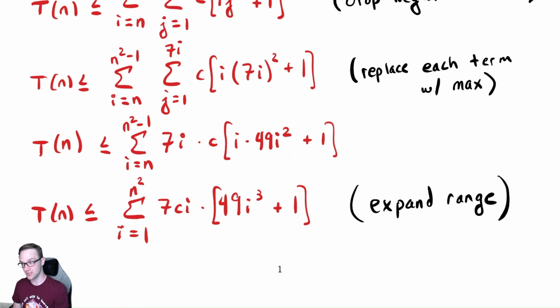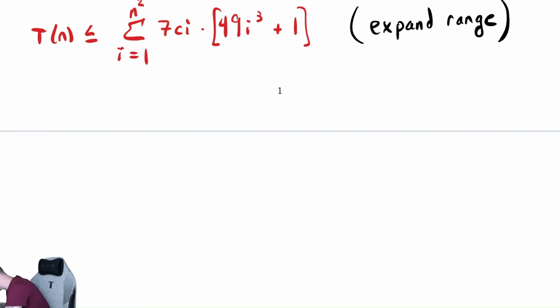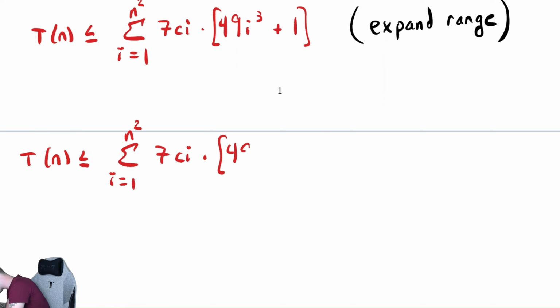One other thing that we can do, just as we did with the upper bound of the previous sum, is change the +1 that appears here into something that is more convenient and can combine more like terms together. So what I'm going to do is change that +1 to a +i cubed, which again is definitely going to be bigger. So t of n is less than or equal to the sum from i equals 1 to n squared of 7ci times the quantity 49ci cubed plus i cubed.